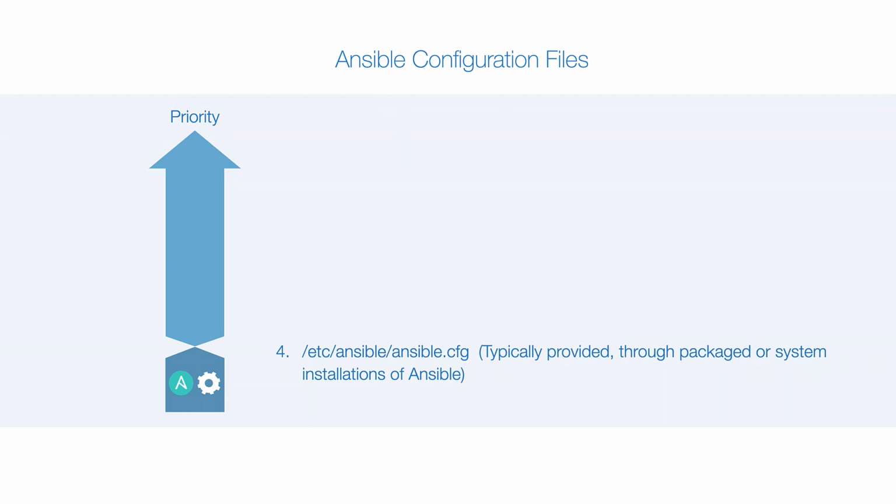I've seen this cause confusion in the past, as sometimes users are not aware of this and wonder why Ansible isn't working as they would expect. And the reason being, it's actually referencing this configuration file.